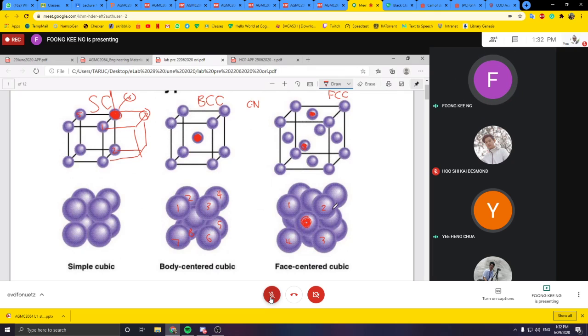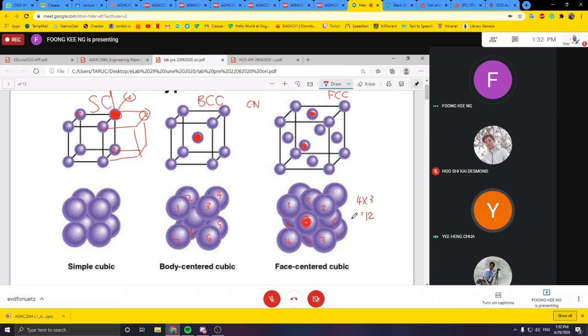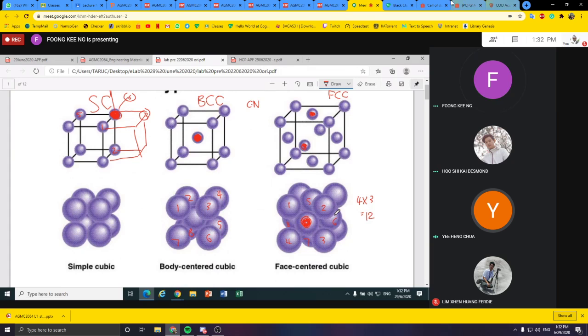At the back there are 5, 6, 7, 8. Correct? It's touching. And then don't forget this is 3D, so there will be another 4 more coming out, in the same position as 1, 2, 3, 4. So actually this is 4 per plane, and how many planes? 3 planes there. So it's going to be 12 here. Follow, guys? Can or not?